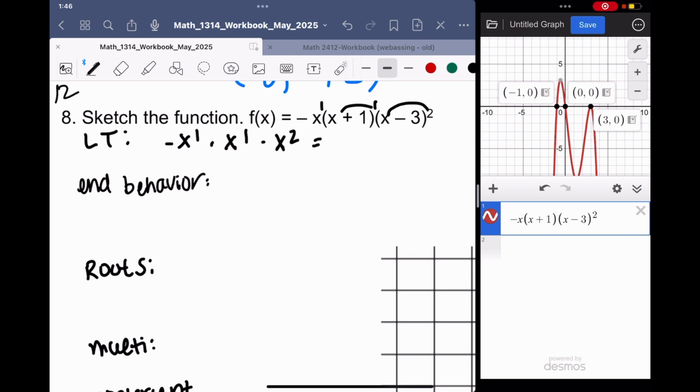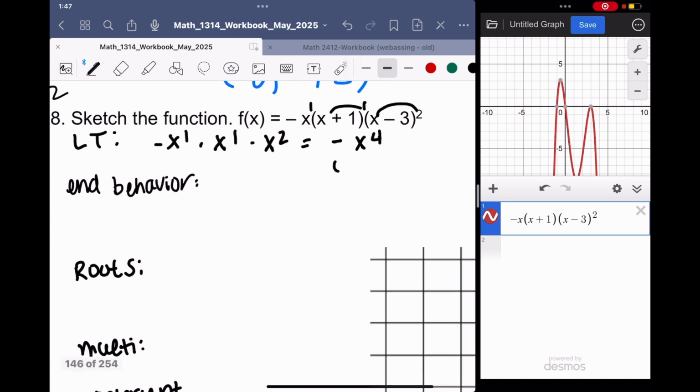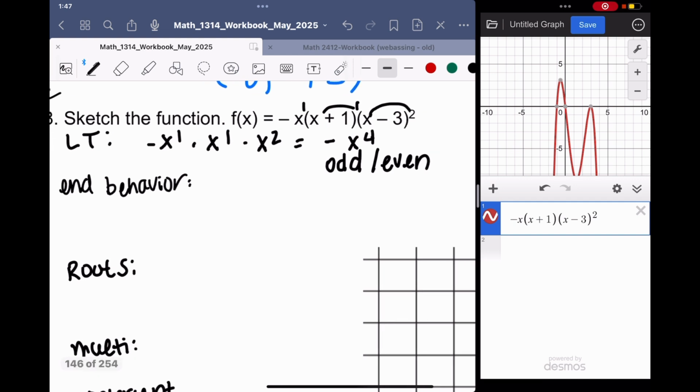So I have a leading term of negative x to the fourth. That means I'm going to have an even function. Remember, this is going to be case 2, which means my end behavior is going to be down on the left and down on the right.